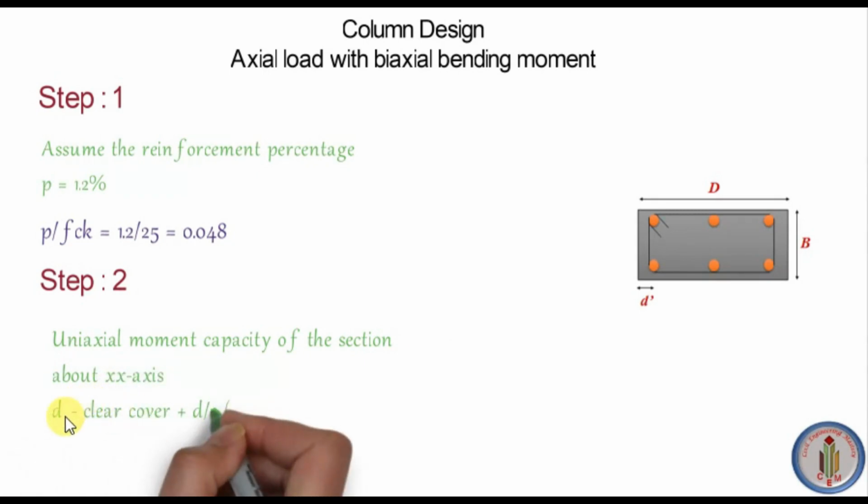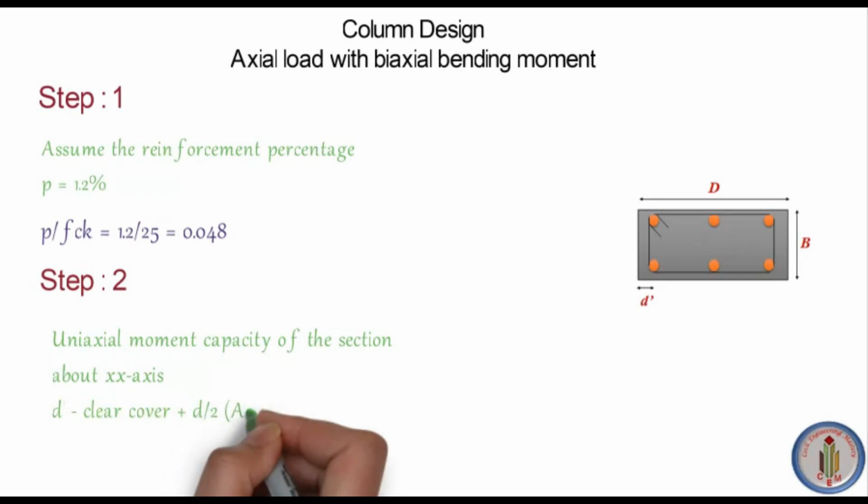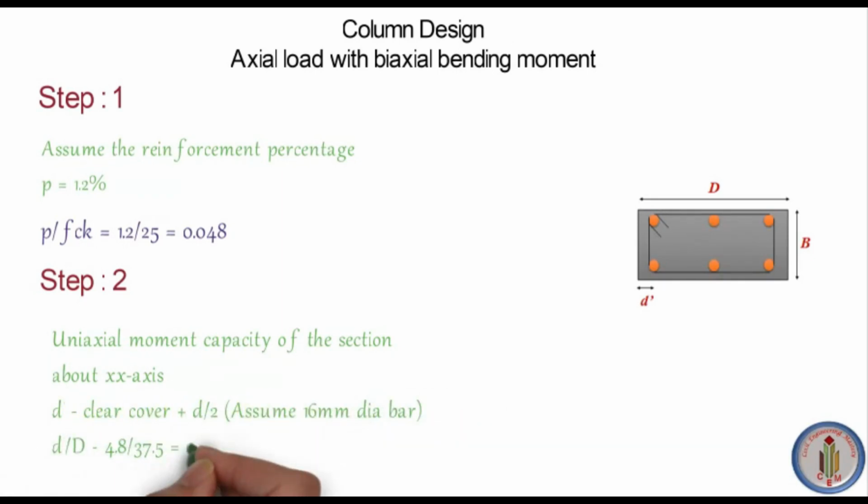So here we need to find out the D dash value. D dash is clear cover plus dia by 2. Here we are assuming a 16 mm dia bar. D dash is clear cover plus dia by 2, so that is 4.8. I'll tell you how it comes. We all know the clear cover for the column is 40 mm plus dia by 2, which is the dia of one bar divided by 2.